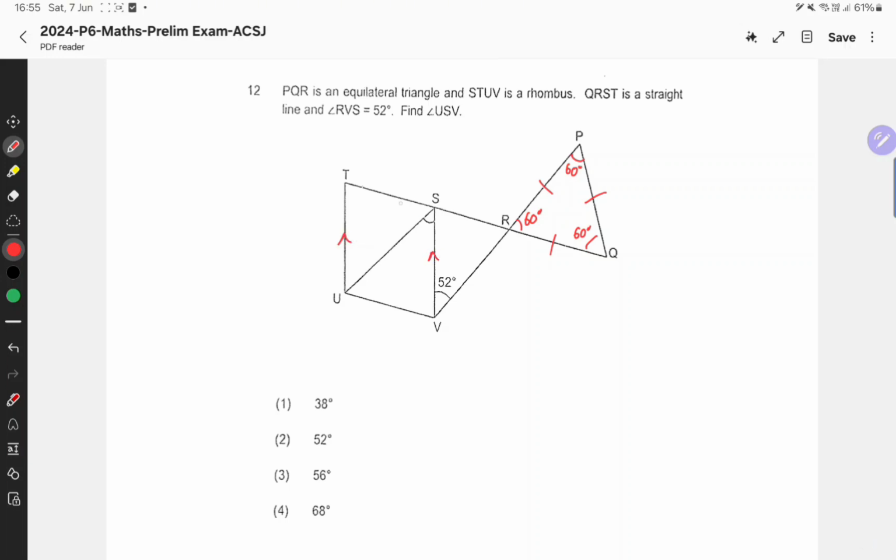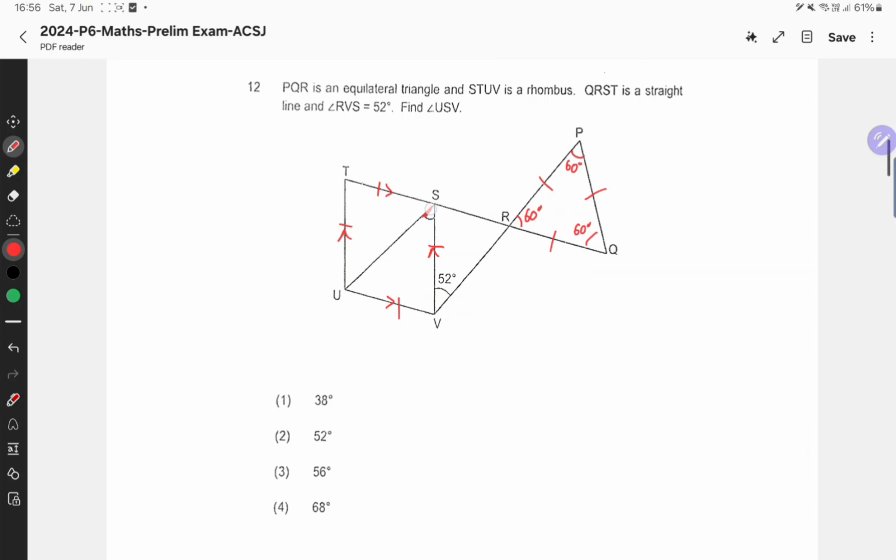We know that these are parallel lines, and these two lines are also equal. In a rhombus, all four sides are of equal length. Next sentence. QRST is a straight line, and RVS is 52 degrees. We need to find USV, which is this angle over here.